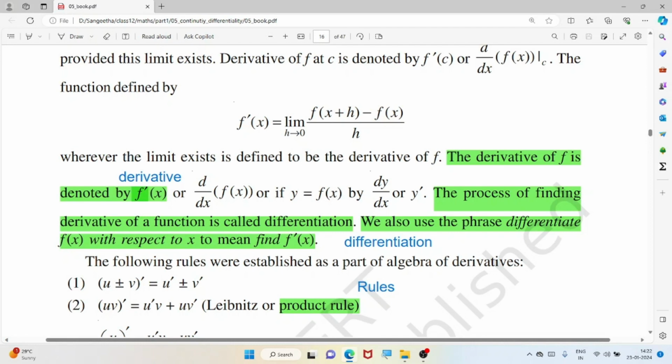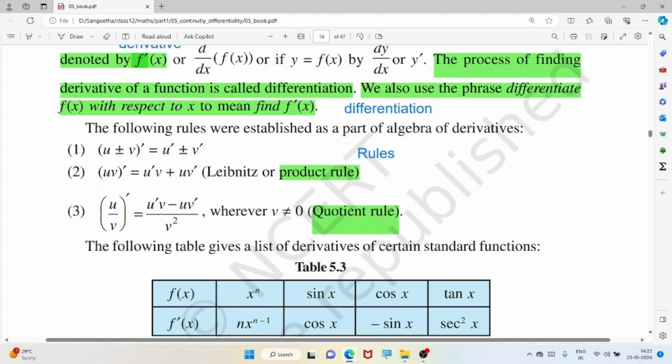The process of finding the derivative of a function is called differentiation. We also use the phrase differentiate f of x with respect to x, that is f dash of x.